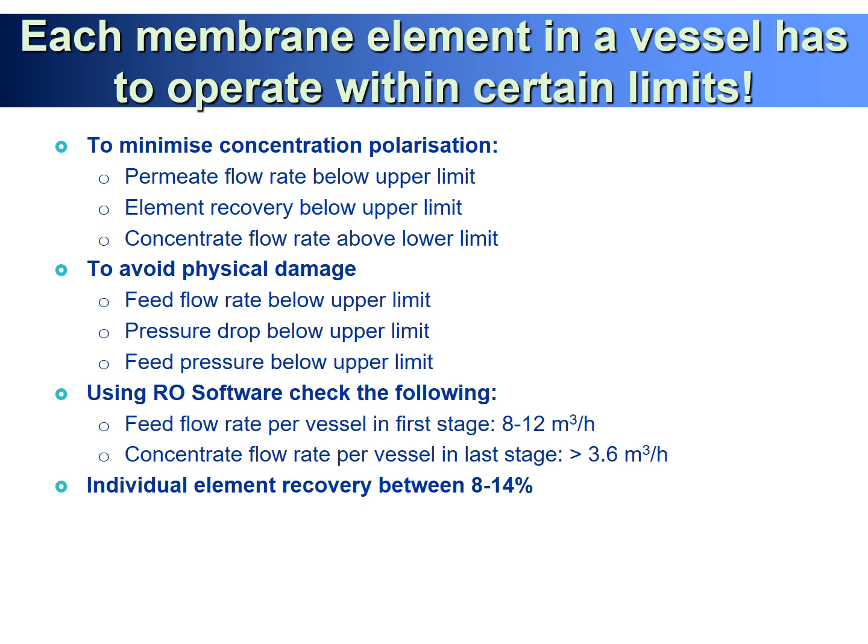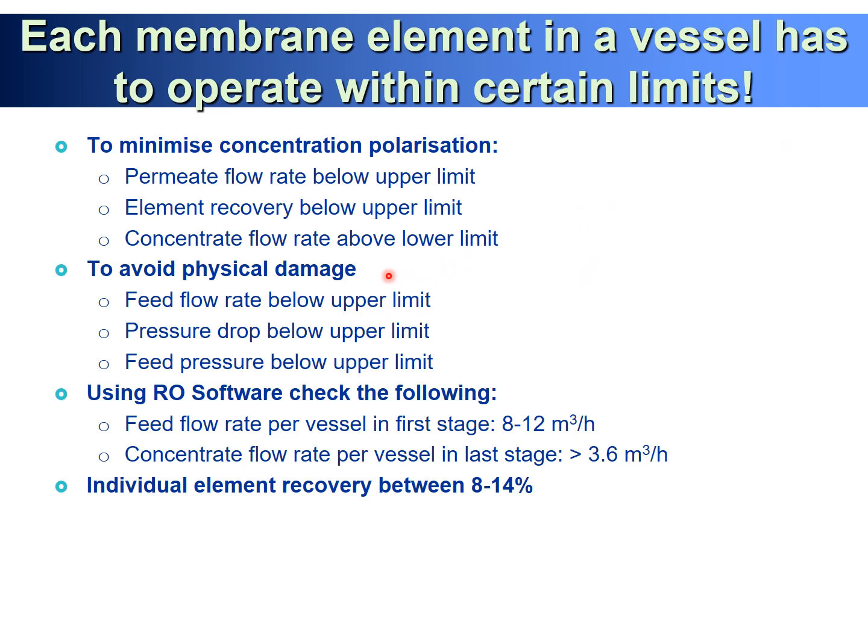So to minimize the concentration polarization, permeate flow rate should be below the upper limit, element recovery should be below the upper limit, and then concentrate flow rate above the lower limit.